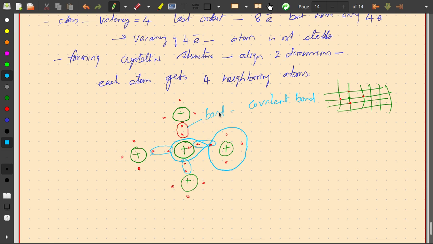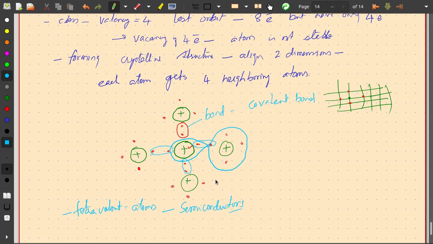And this particular class of atoms, called tetravalent atoms, play a major role in our future, and these are called semiconductors.